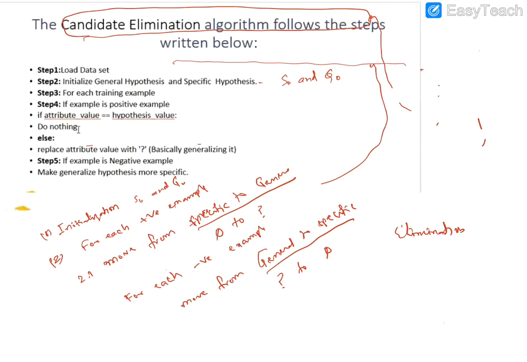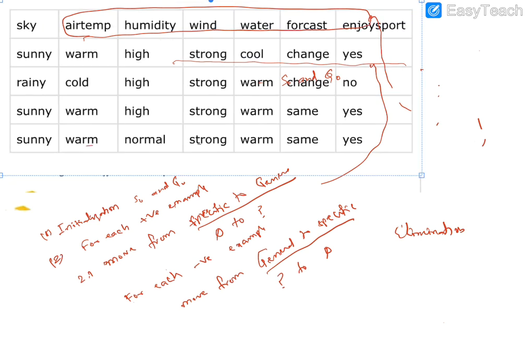So let me take the example. I am going to consider the same example that we are already familiar with. This is Enjoy Sport. How many attributes are there?